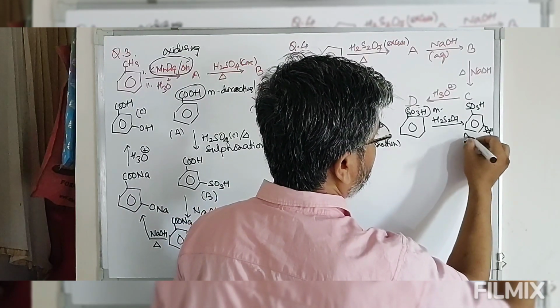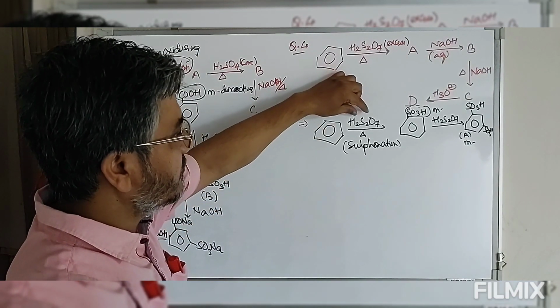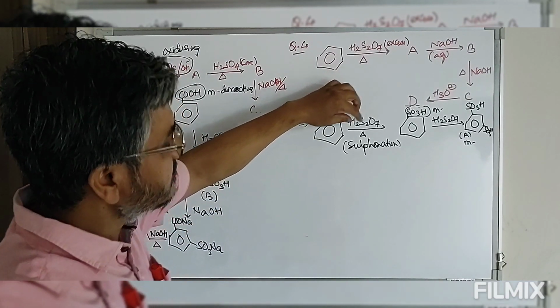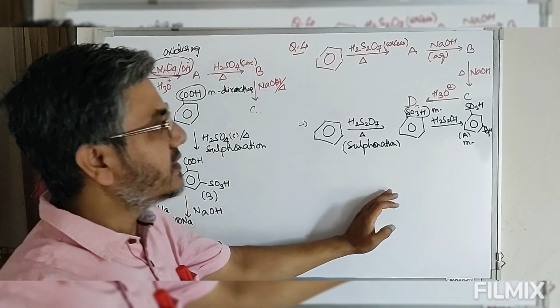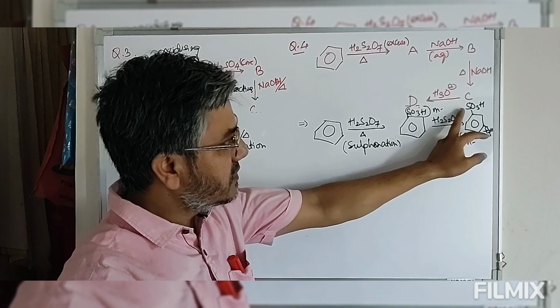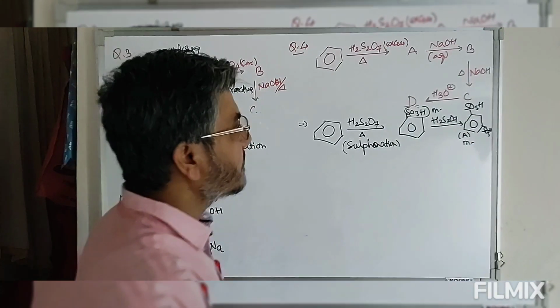This is compound A. So benzene on heating with oleum taken in excess, sulfonation takes place, and sulfonic groups are introduced meta to each other.